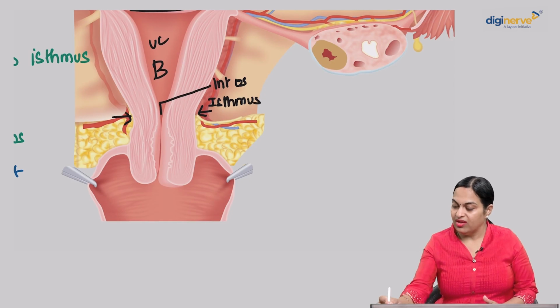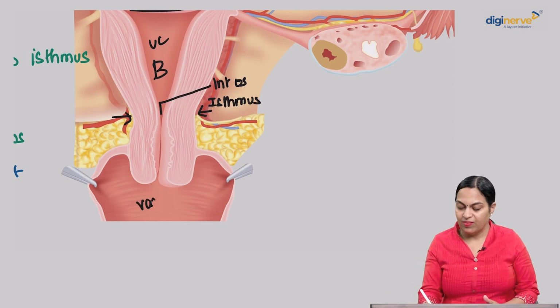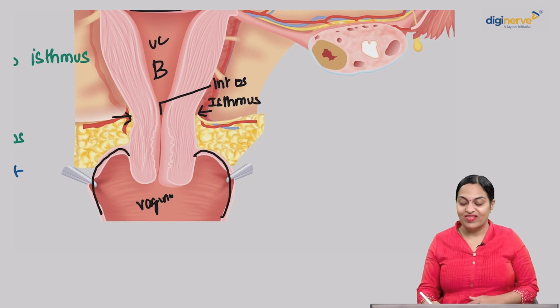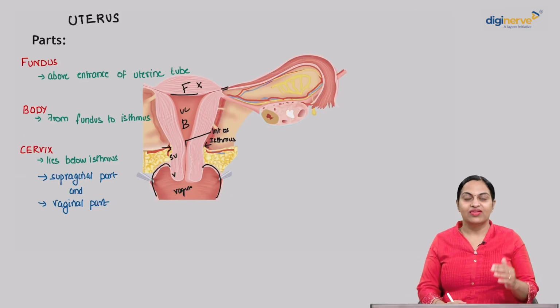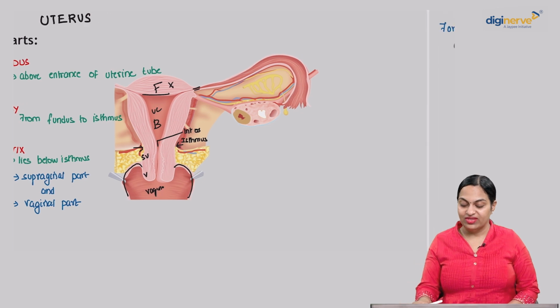This is the vagina. The attachment of the vaginal wall divides the cervix into a supravaginal part and a vaginal part, right? The fundus, body and the cervix.